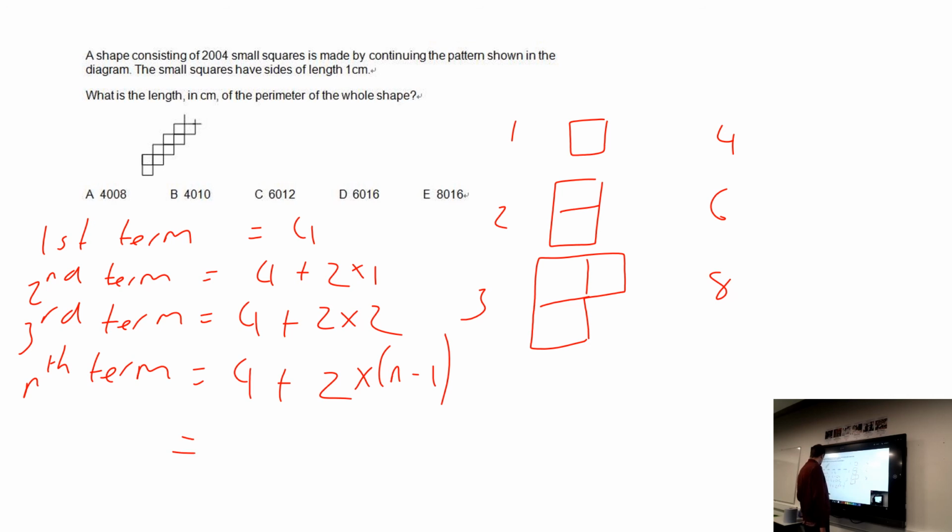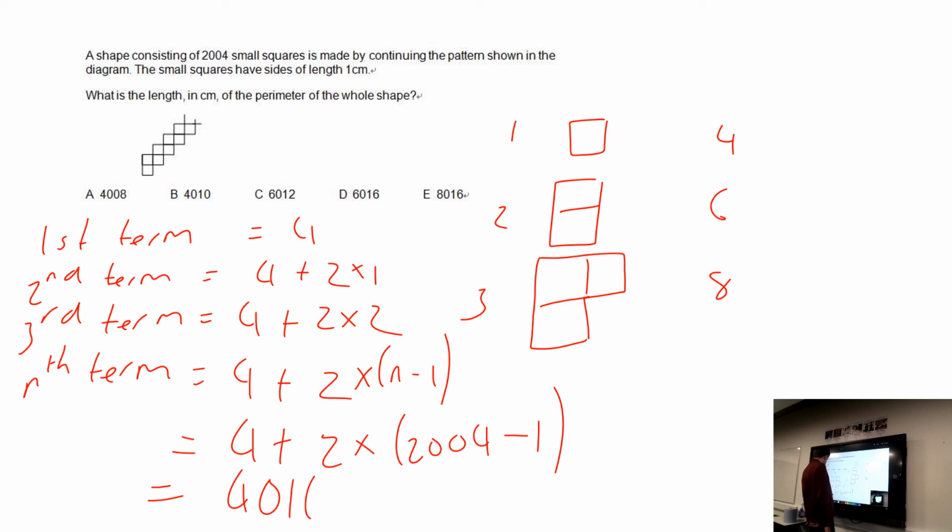So n is 2004, so 4 plus 2 times 2004 minus 1, so that is going to equal 4010. So we have 2004 squares, the perimeter is 4010. So B is our answer.